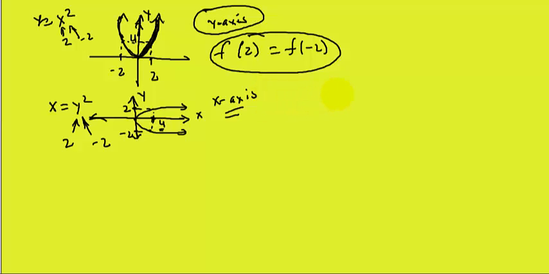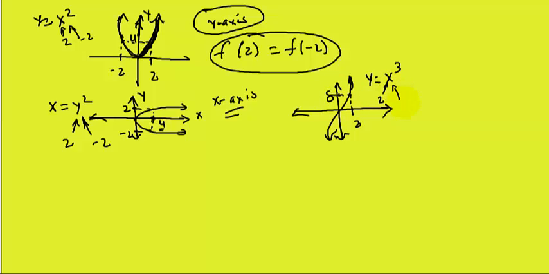And one more thing, the origin. How do you check for that? This graph like this is an equation of, let's say, y is equal to x to the third. We know it's symmetric to the origin, but how do you check it? If you put in 2 right there, you're going to get 8.